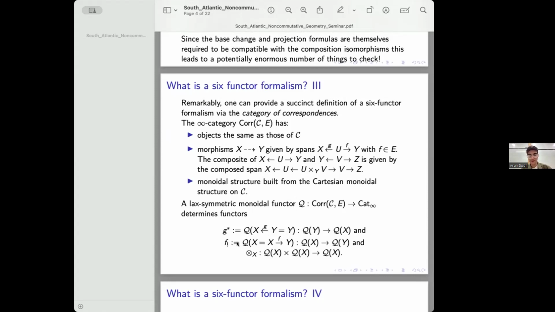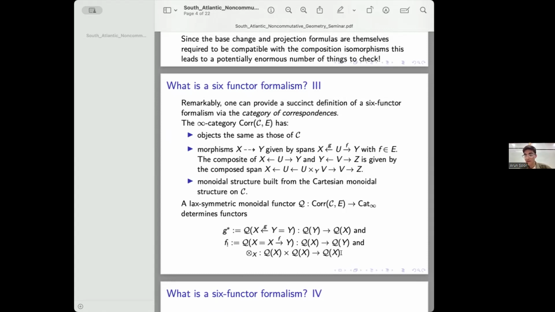Similarly, we have this correspondence, X equals X and then going to Y. That's the correspondence from X to Y, and we get this functor from QX to QY. So this is the definition of F lower star in a six-functor formalism. And the fact that this is a lax monoidal functor means that you also get this map from QX cross QX to QX.